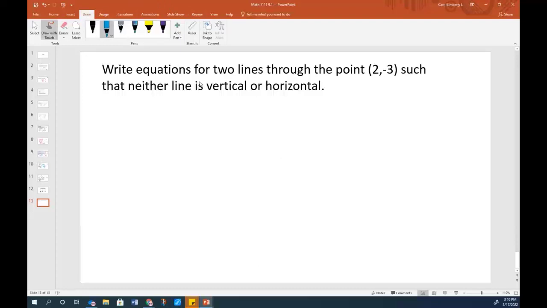So what we know is that if it can't be vertical or horizontal, then you have to have a slope that's not zero. Vertical lines don't have a slope, and horizontal lines have a slope that is zero. So if neither line is vertical or horizontal, what that is telling me is that the slope is not zero, but it does exist.